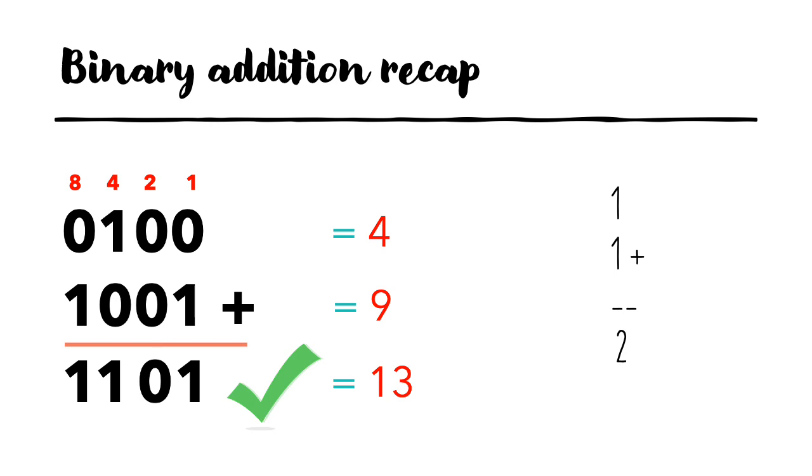What you have to do instead of writing 2 down is write 0 and carry 1 into the next column. So always double check: if you're adding binary numbers together, a 1 plus a 1 never equals 2. It is 0, carry 1 into the next column.